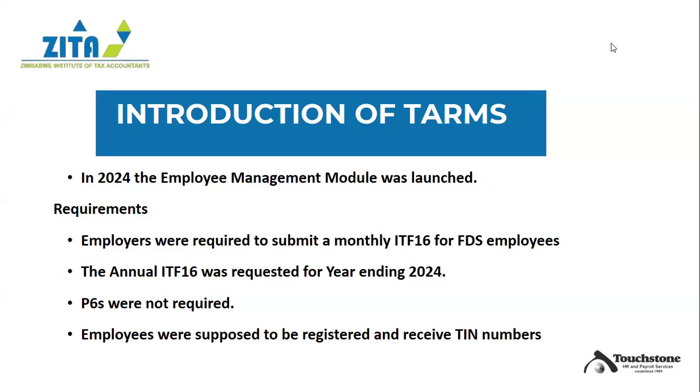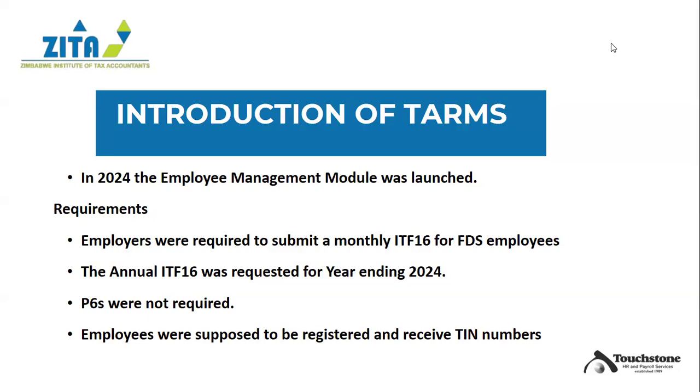The employers were required to submit a monthly ITF-16 for FDS employees. Do you see now the difference? With the initial system that we had from 1999 up to 2024, we only submitted the ITF-16 at the end of a fiscal year. In fact, we were supposed to submit it by the 30th of January of the following year.